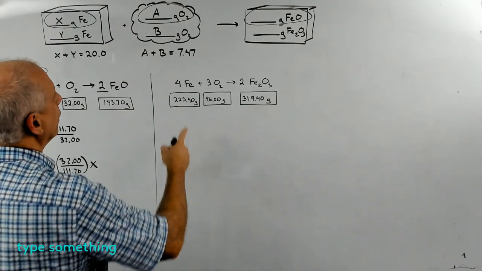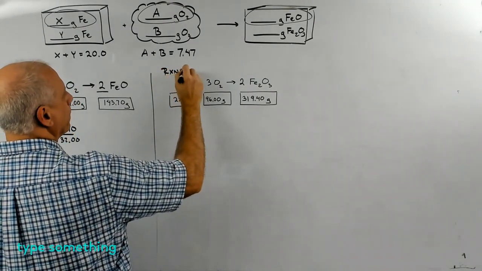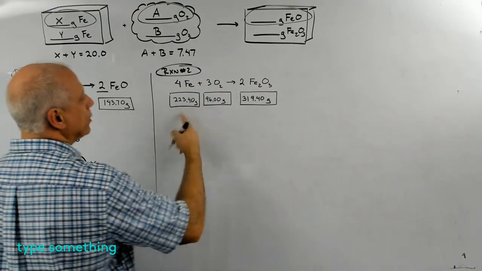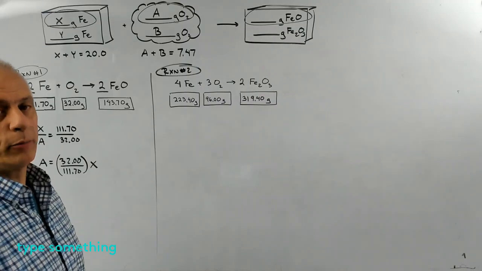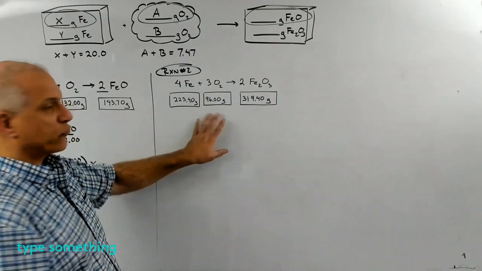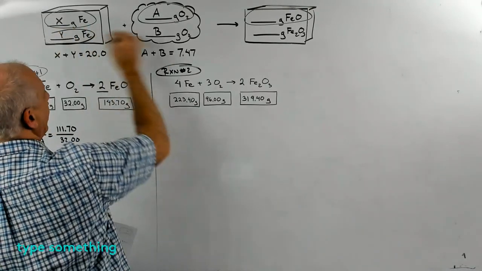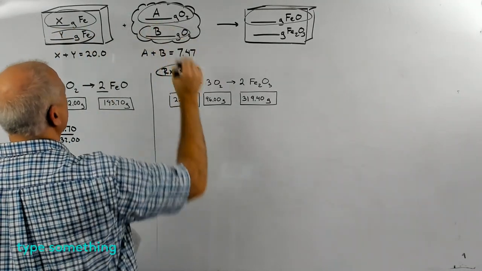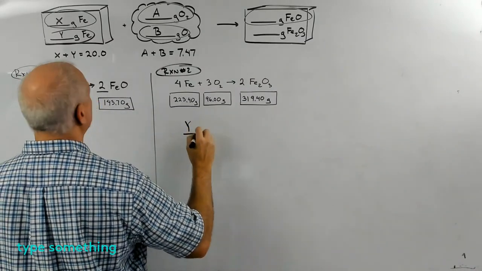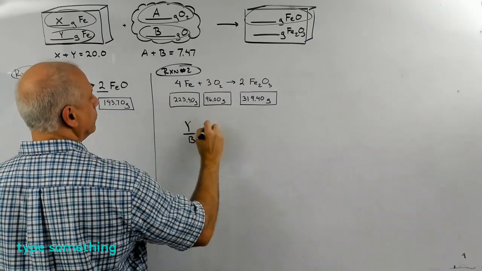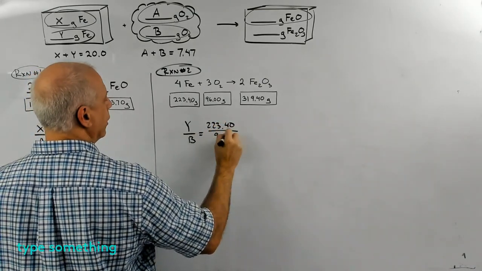Now I'm going to solve for B in reaction number 2. The ratio of masses between iron and oxygen is this ratio right here. In reaction number 2, Y reacts with B. So Y over B is equal to 223.40 over 96.00.